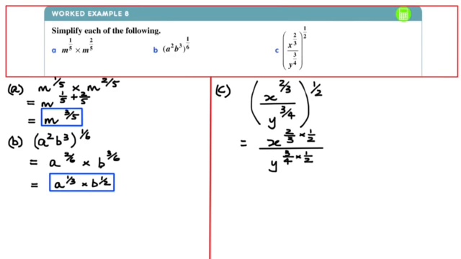Now, just looking at that, we've got fractions multiplied by each other. So this one, I can see some cancelling there. The 2 on the top will cancel with the 2 on the bottom, leaving just x to the 1/3. And this one down here, there's no cancelling top to bottom, so it's going to be y to the 3/8. 4 times 2 is 8. And there's our cancellation on the top, and we get x to the 1/3 over y to the 3/8, and that's our answer.